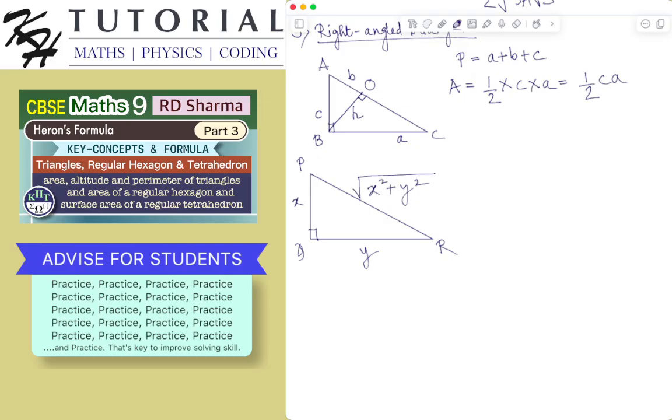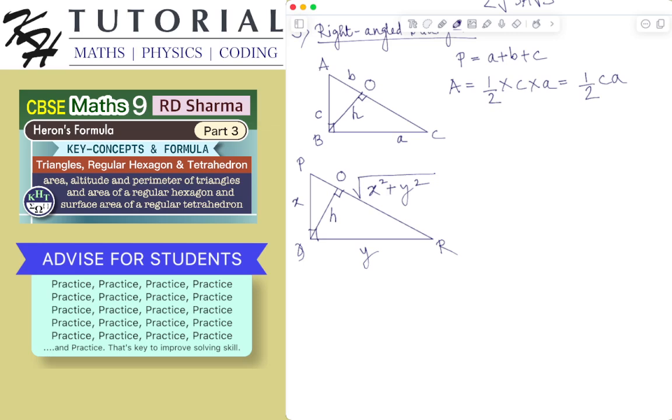Now let's say QO is perpendicular on the hypotenuse PR, and h is the length of the perpendicular QO, that is the altitude of this right angle triangle corresponding to the hypotenuse PR. How can we find h? We know x and y.